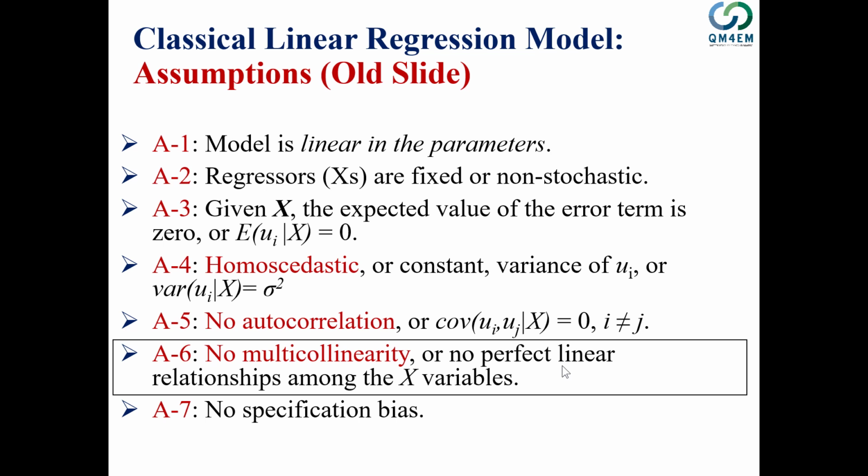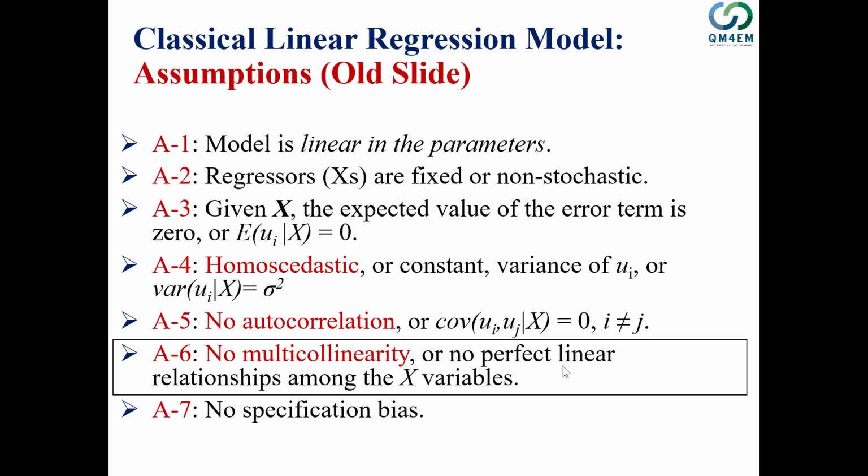No multicollinearity in very simple words means that when you are modeling data and you have one dependent variable and 2 independent variables, this assumption requires that the two explanatory or independent variables should not be perfectly correlated with one another in order to have the classical linear regression assumptions being met.